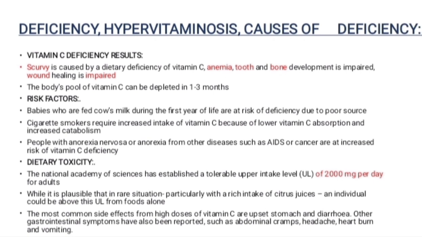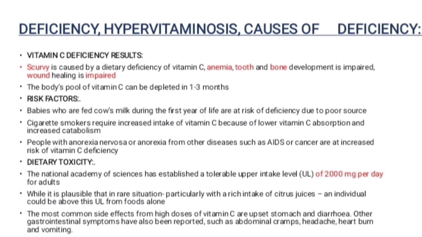Therefore, the upper tolerable amount cannot produce any harmful effect, but it can store vitamin C in the tissue, specifically in the liver. While it is plausible that in rare situations, particularly with a rich intake of citrus juices, an individual could go above this upper tolerable intake from food alone.